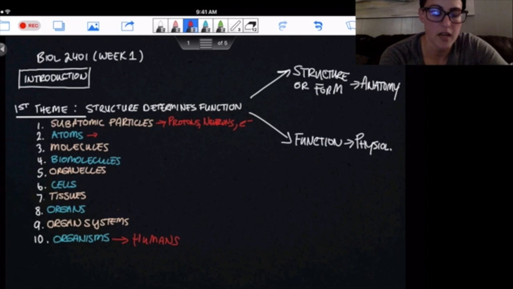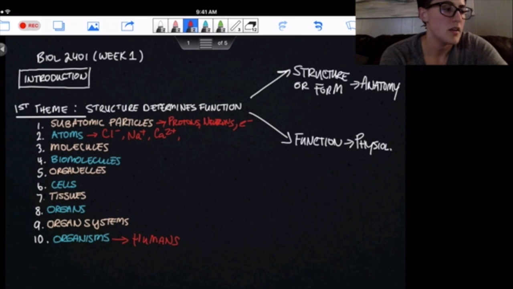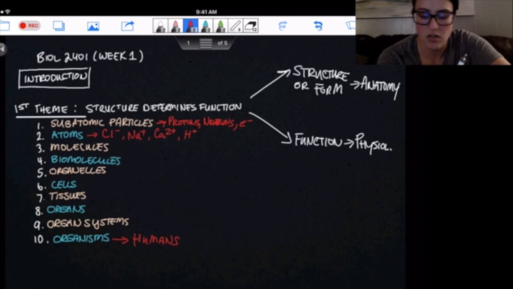Some examples of atoms are chlorine, which has a negative charge, sodium, which has a positive charge, calcium, which actually has a positive 2 charge, and what's another one? Hydrogen. Hydrogen has a positive charge, and these are actually called ions. Okay? And when these atoms come together and share these electrons, they form molecules.